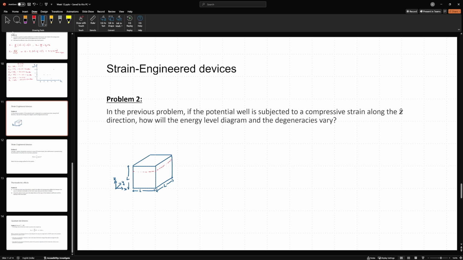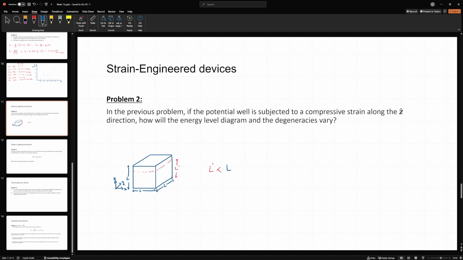Now what we have is a new situation wherein I have my Z length, which is reduced to some L prime, where L prime is less than L. Okay, so now what happens to the system?